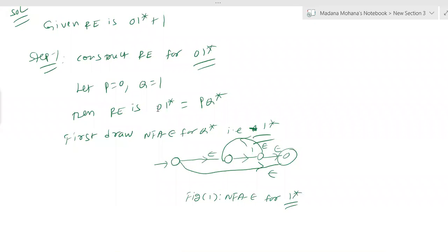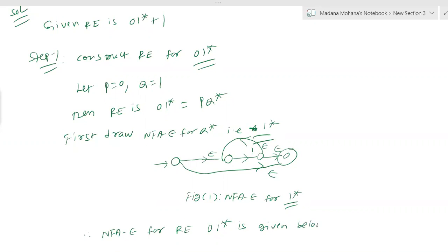But your regular expression is 0, 1 closure. Now you can concatenate 0 with 1 closure. Therefore, NFA with epsilon for the regular expression 0, 1 closure is given below.